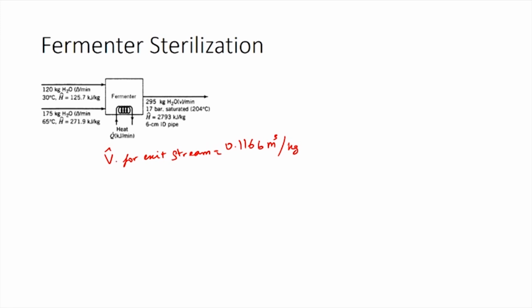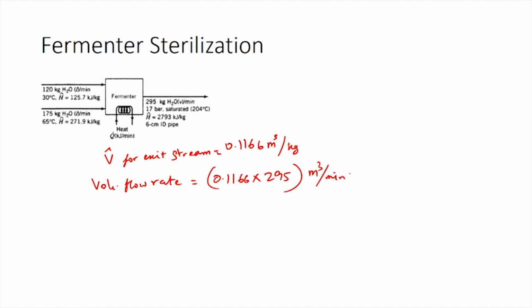Now, we need to multiply this specific volume with the mass flow rate to get the volumetric flow rate. So, the volumetric flow rate would be equal to 0.1166 times 295. This would give us the volumetric flow rate in terms of meter cubes per minute.